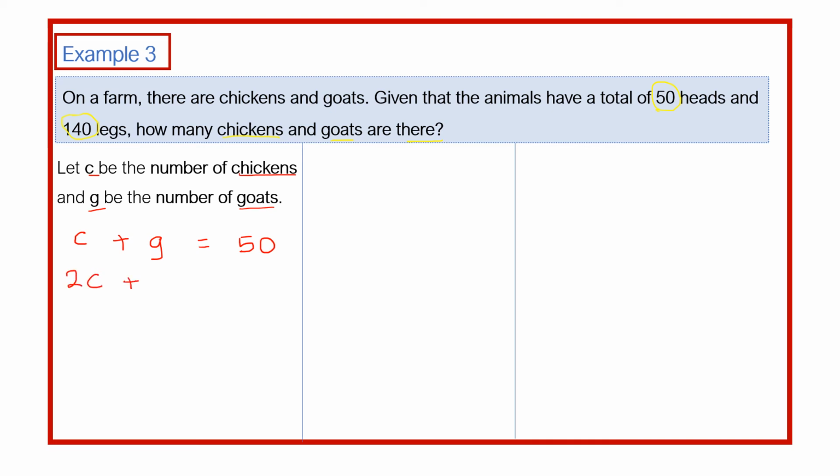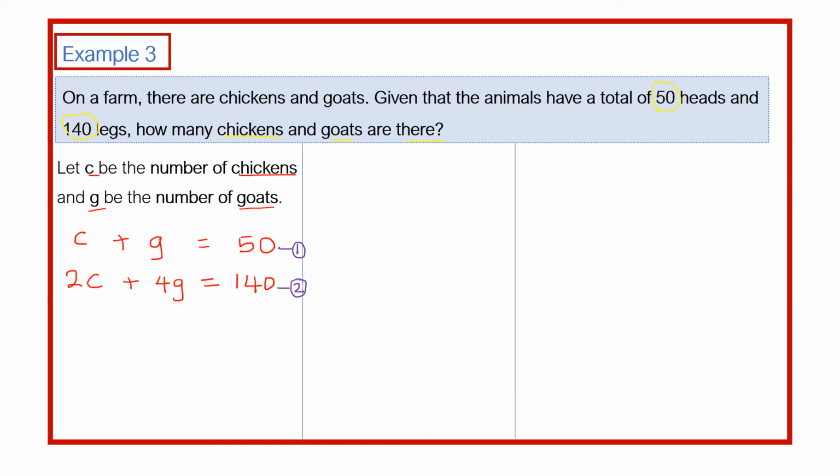Remember, a goat has 4 legs, so we say 4G. The total number will be 140 legs. So you can see that we have created 2 simultaneous equations. Okay?